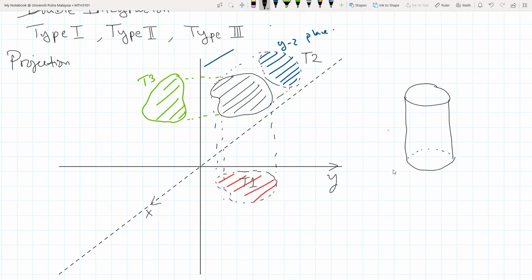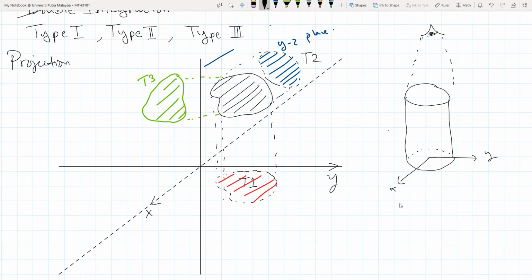So if you look from above, from that point of view, you can see that this is on the XY plane.